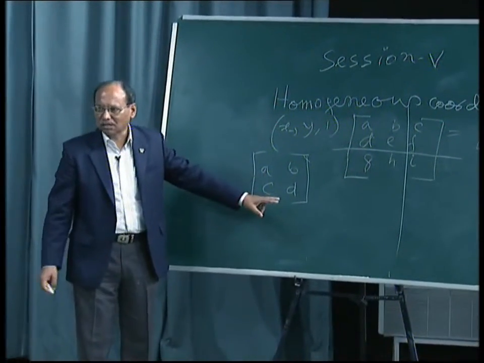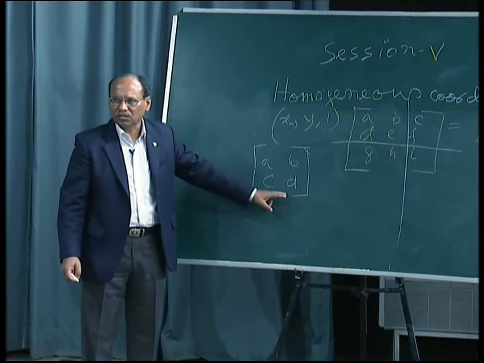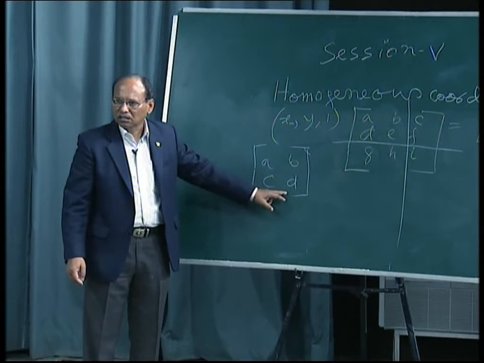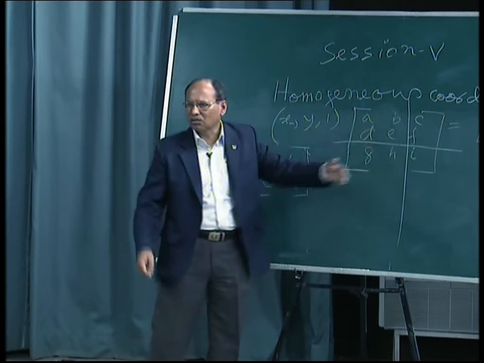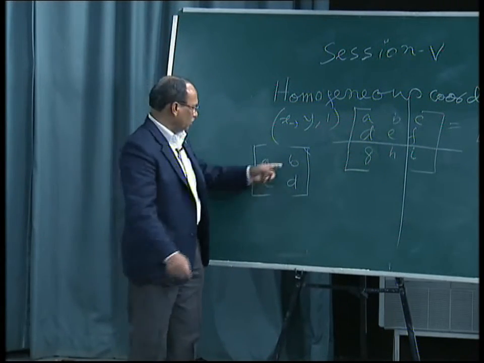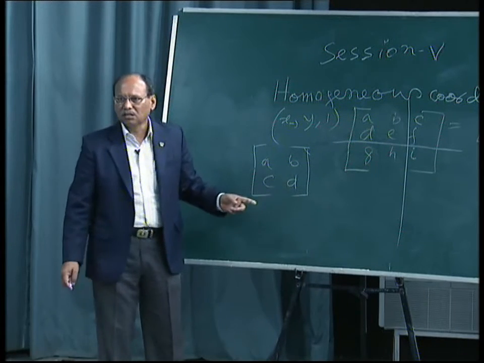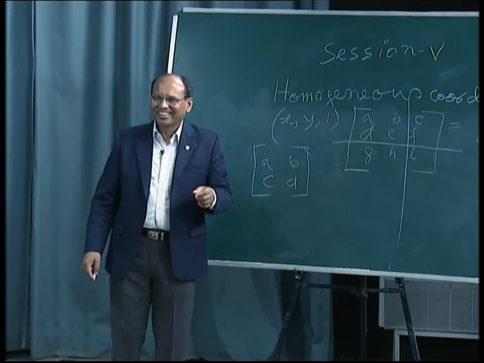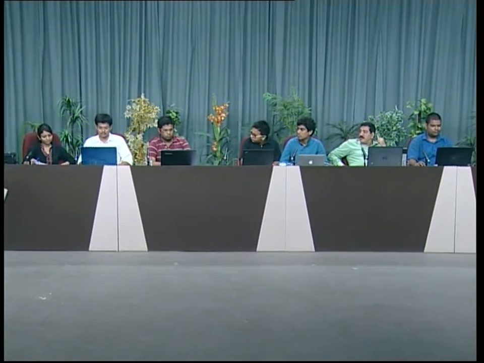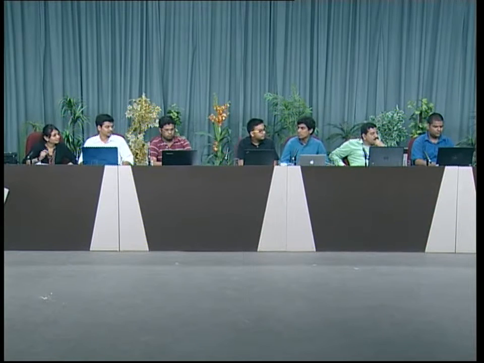What was the role of A and D? Scaling. So here also these two main diagonal elements will do scaling. And what were C and B doing, can you remember? Shearing, yeah.